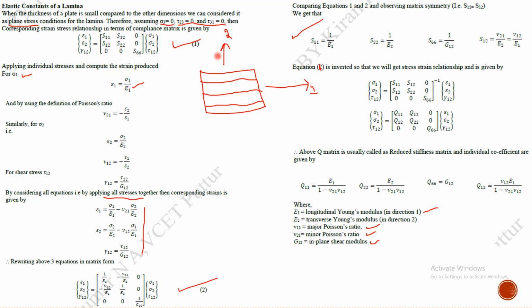If I invert equation number 1, then sigma 1, sigma 2, tau 12 is equal to the inverse of the compliance matrix times the strains.